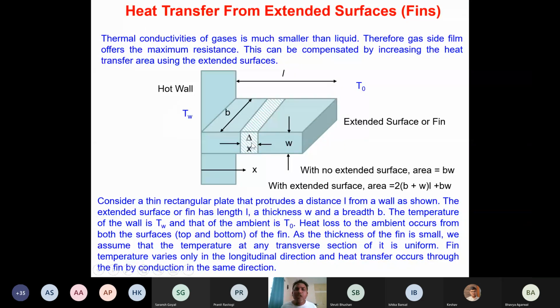So at steady state, the amount of heat Q received at the left hand side boundary, where the fin is connected to the vertical surface, by conduction is equal to the amount of heat dissipated by this extended surface by convection. Is it clear?